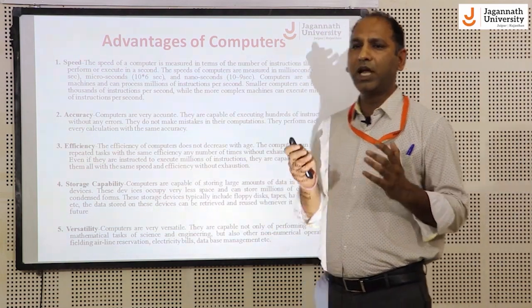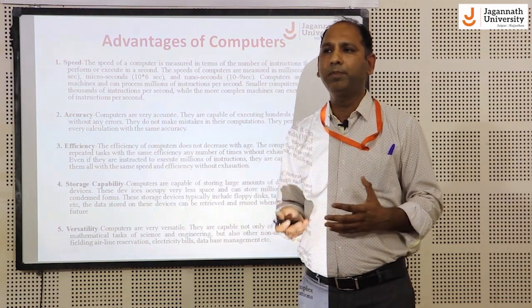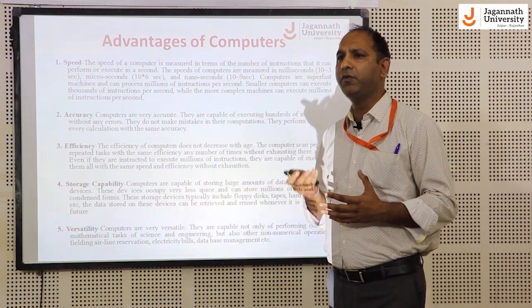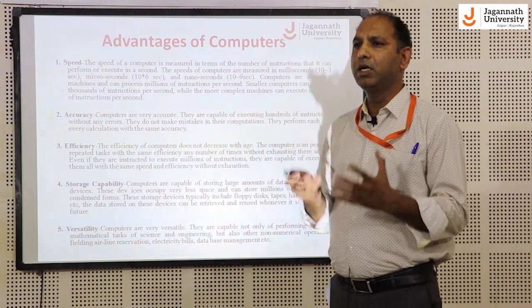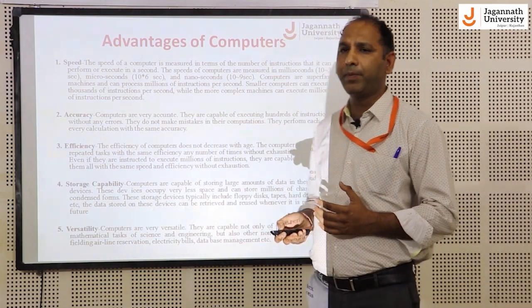Efficiency: its efficiency is much better than a human being, because efficiency is a very effective parameter of the computer that makes the computer important. The next one is storage capability.